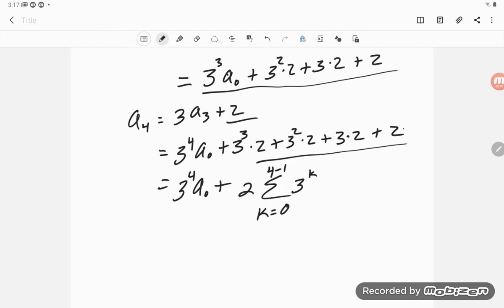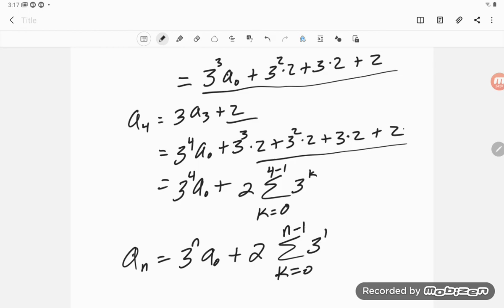And so now I can actually tell you that if I want a sub n, that's going to be 3 to the n a0 plus 2 times the sum k equals 0 to n minus 1 of 3 to the k. Whew! Okay?